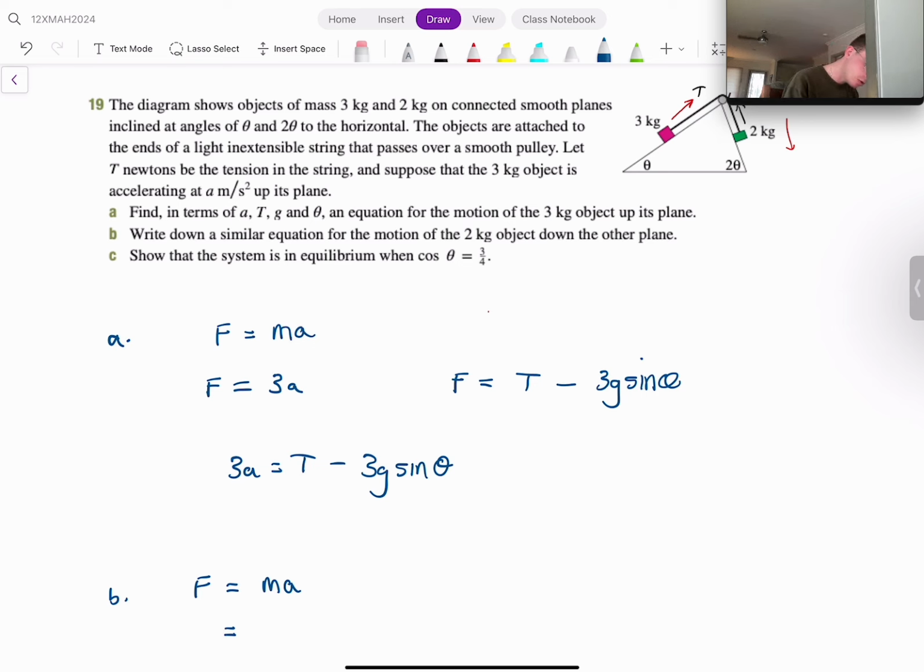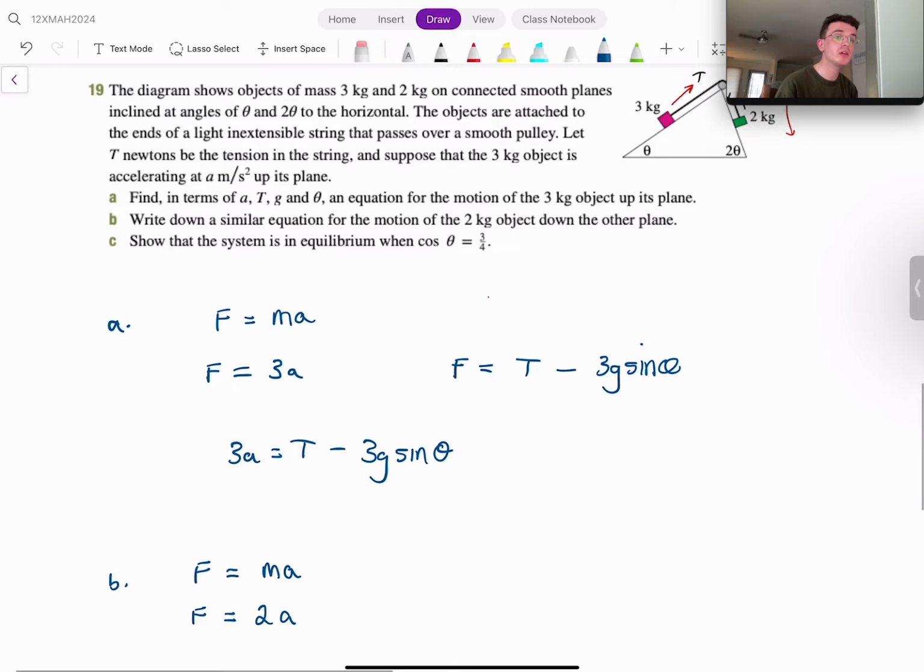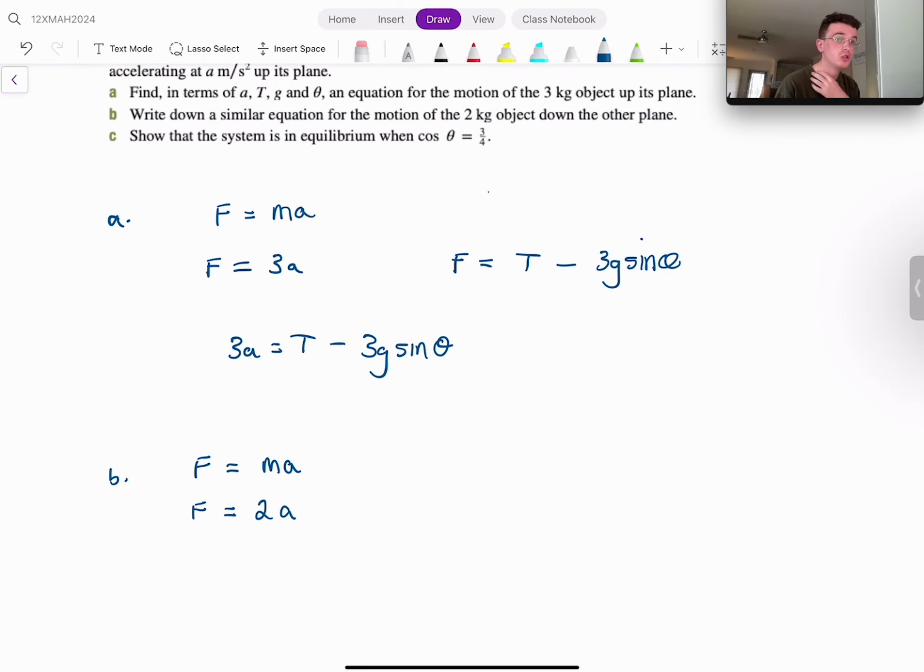So it has a mass of 2 kilos and it's going down at a meters per second squared. So its force going down is F equal to 2a newtons. Now at the same time, the force of it going downwards, well, we're going down, we're not going up anymore like the other object.